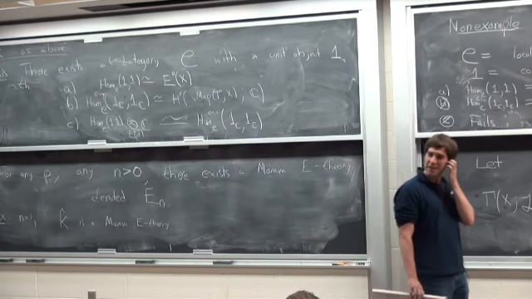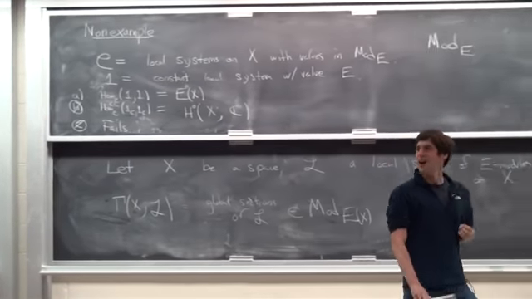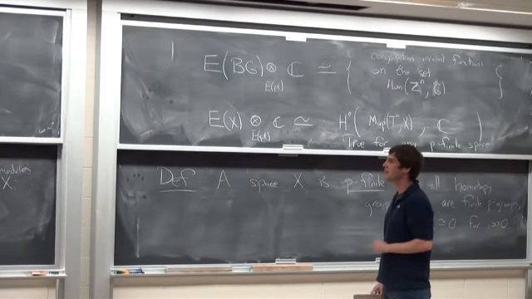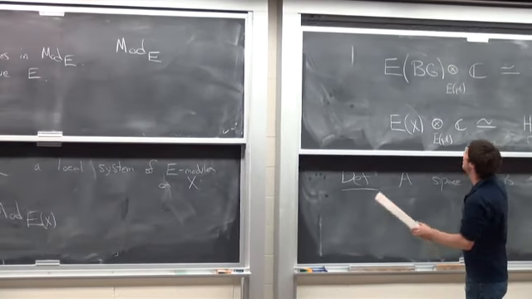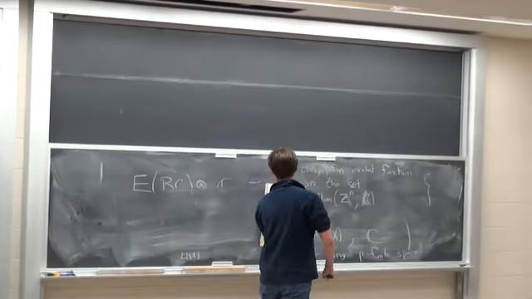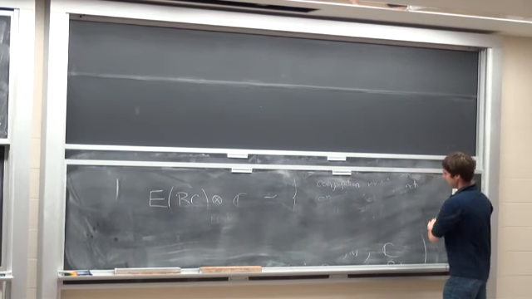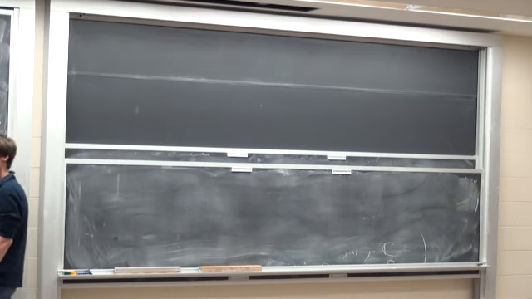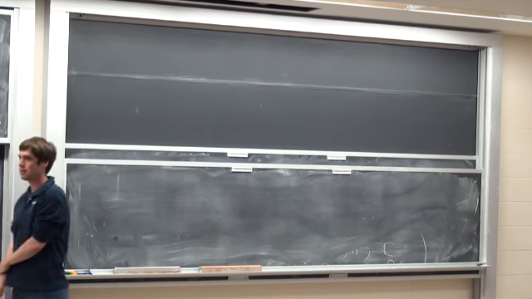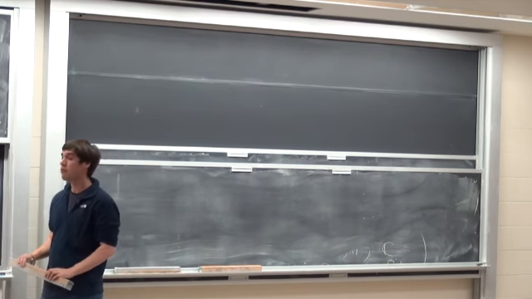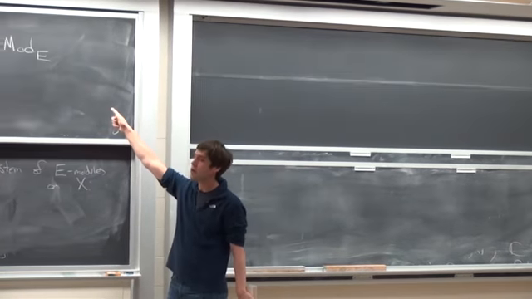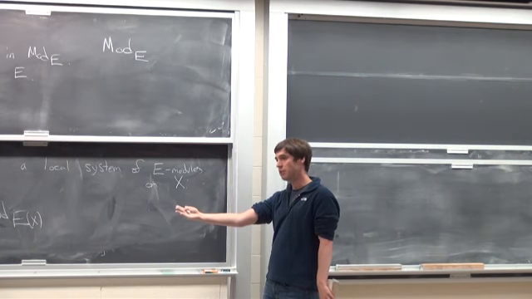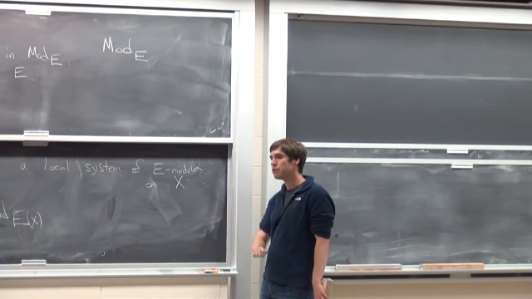I don't know exactly what you're asking, but... I'm asking, is it more like a bundle with flat connection? I don't see why it's anything like a bundle with flat connection. Well, it would be a bundle with flat connection if that was an ordinary category, but it's a higher category, which means there's a notion of homotopies between morphisms, and you have to allow those in the definition.